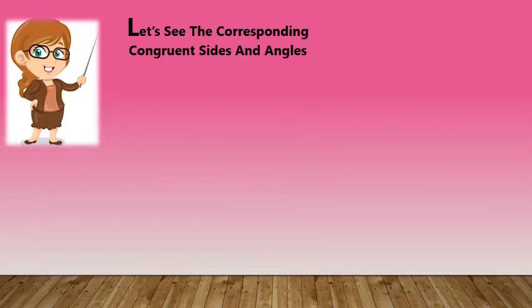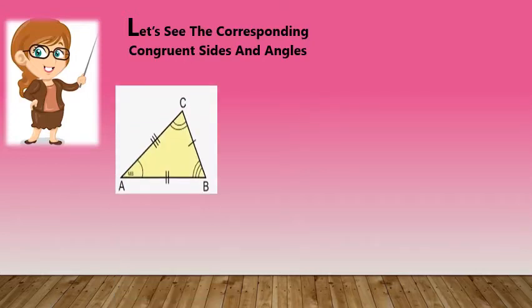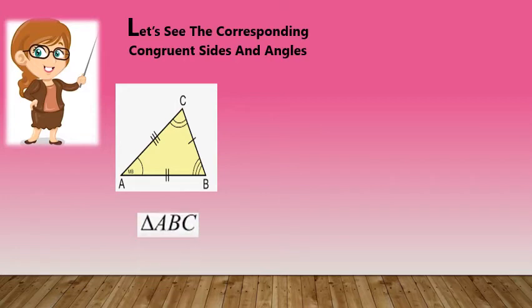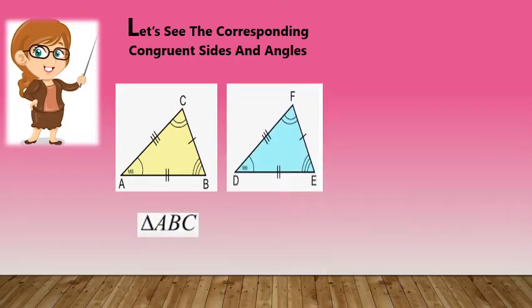Let's see the corresponding congruent sides and angles. This is triangle ABC and triangle DEF. Now let's observe first the tick marks and the measures. The tick marks indicate, from triangle ABC, the first tick mark, the second tick mark, and the third tick mark.